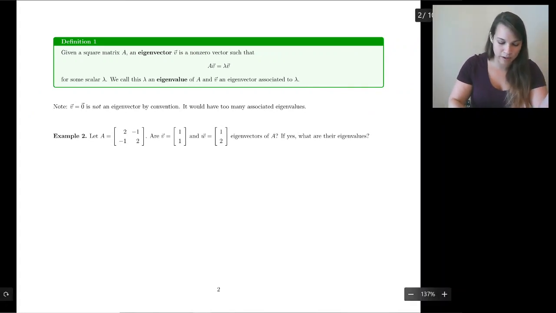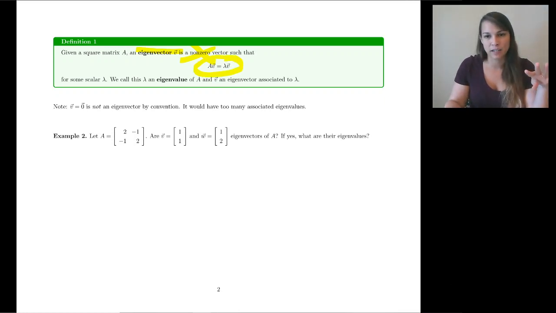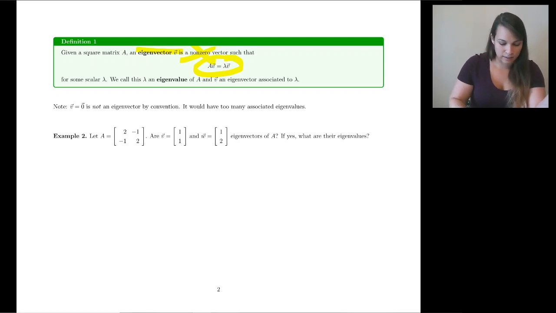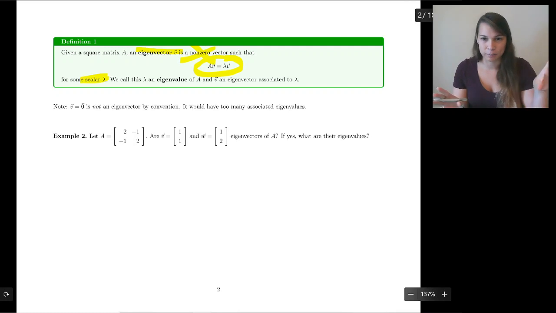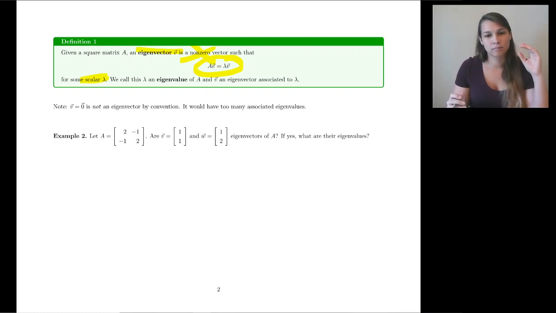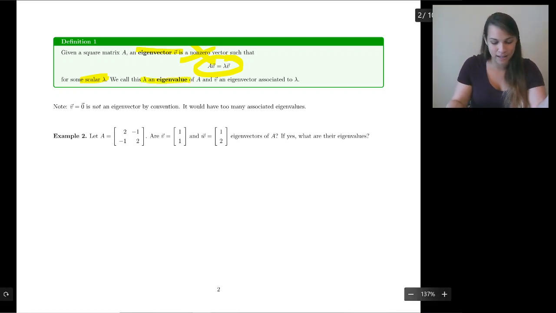Given a square matrix A, an eigenvector is a non-zero vector v such that A times v equals lambda times v, where lambda is a scalar, so it's just a number. We call lambda an eigenvalue of A, and we say that v is the eigenvector associated with lambda.